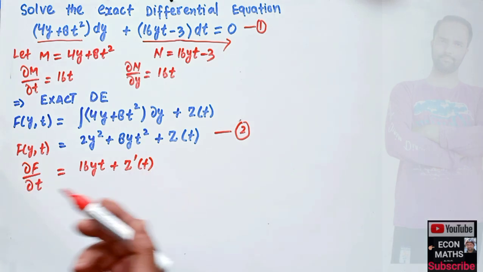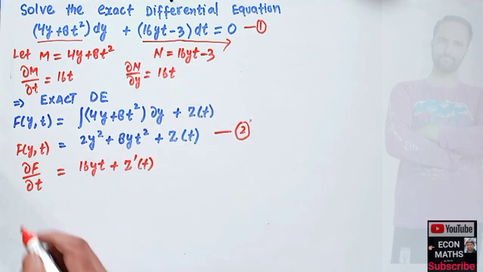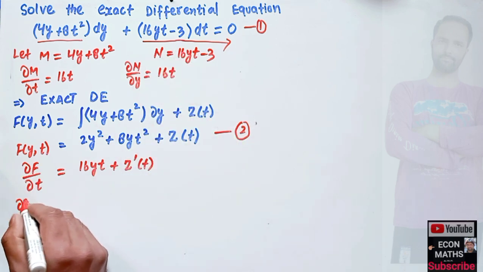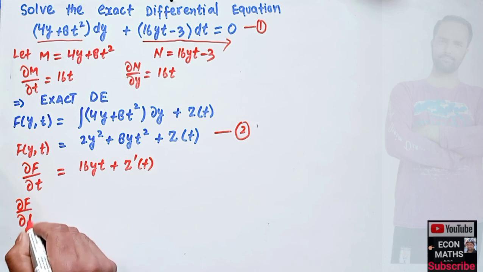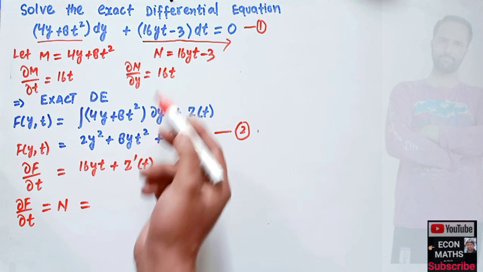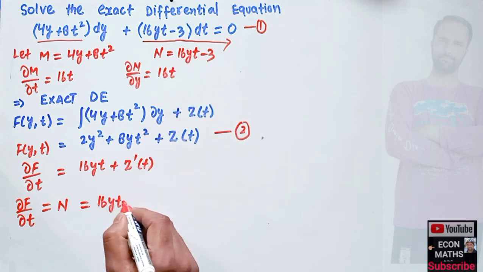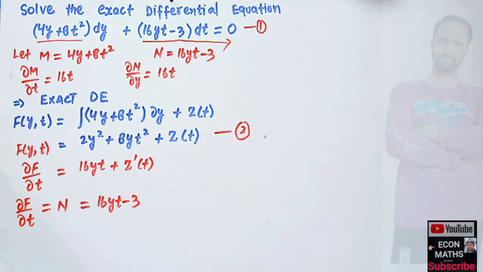Now as I have told you, this ∂f/∂t is equal to N, and we know N is equal to 16yt − 3.